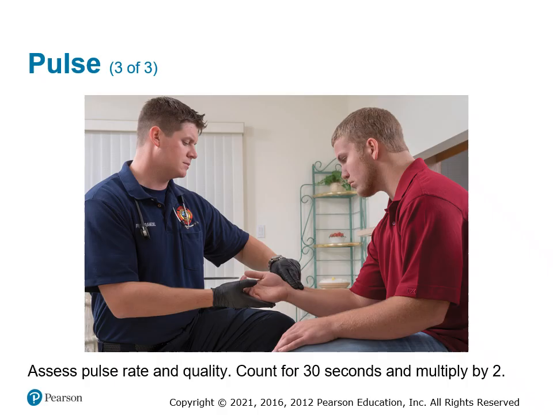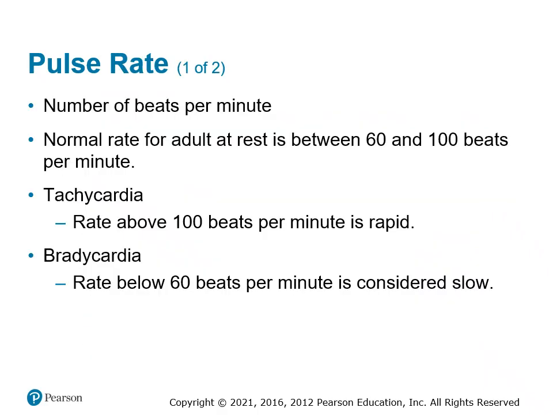To count the pulse, you have to take a pulse for about 30 seconds so you get a good feel of also the regularity and the strength of the pulse. And then you multiply that by 2. So what you're trying to get is the number of beats per minute, and then trying to classify that as to whether it's normal or whether it's fast or whether it's slow.